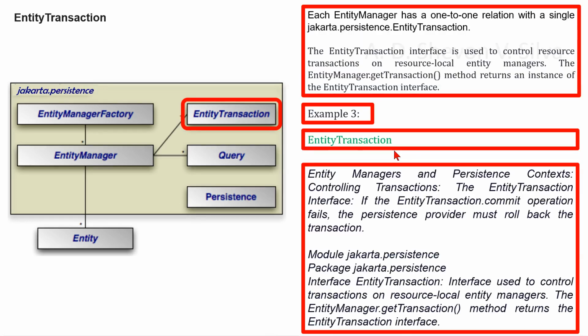Now we are considering the EntityTransaction interface in entity managers and persistence context with regard to controlling transactions. If the EntityTransaction commit operation fails, the persistence provider must roll back the transaction. The interface EntityTransaction in package Jakarta.persistence in module Jakarta.persistence is used to control transactions on resource-local entity managers.